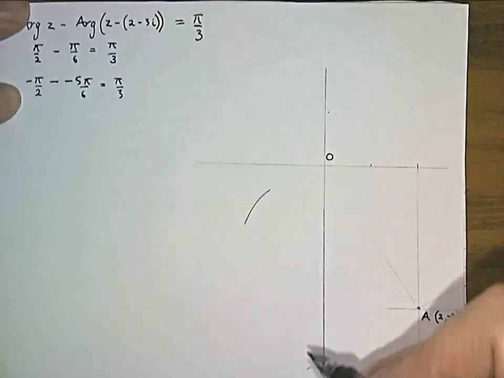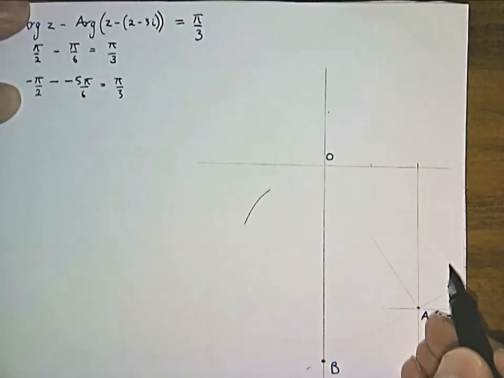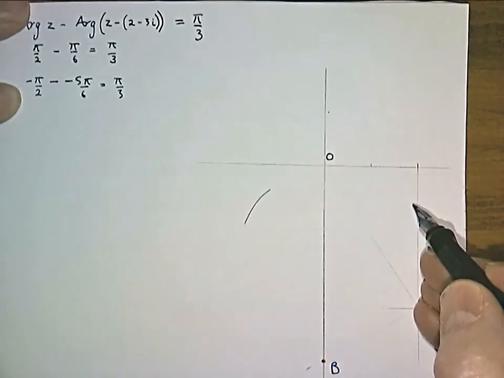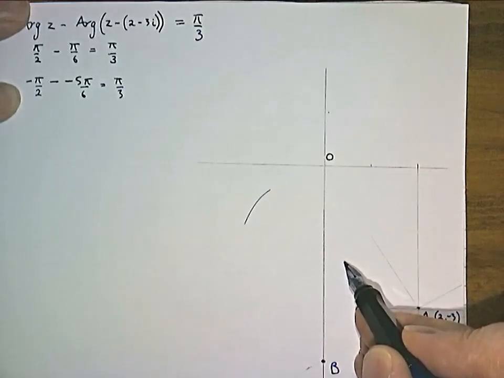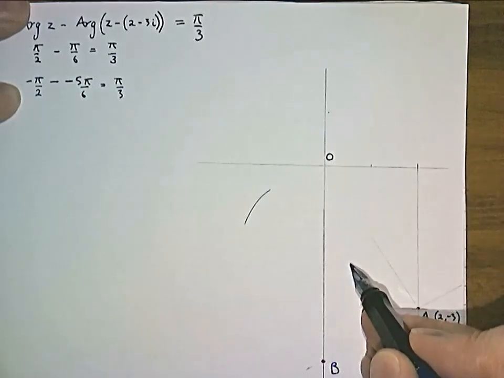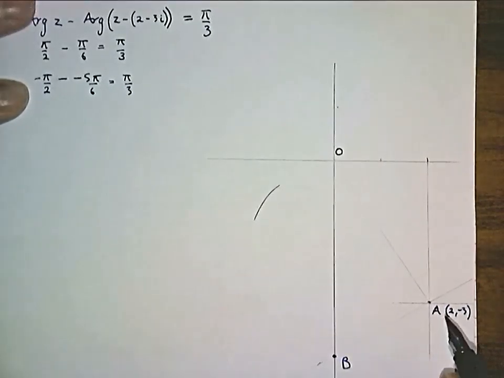Well, I've got a chord OB here, so if I can bisect that perpendicularly, and a chord OA and bisect that perpendicularly, they will meet at the center of the circle. At that point, it's easy enough to use some Pythagoras to find the radius of that circle. So let's proceed along these lines.